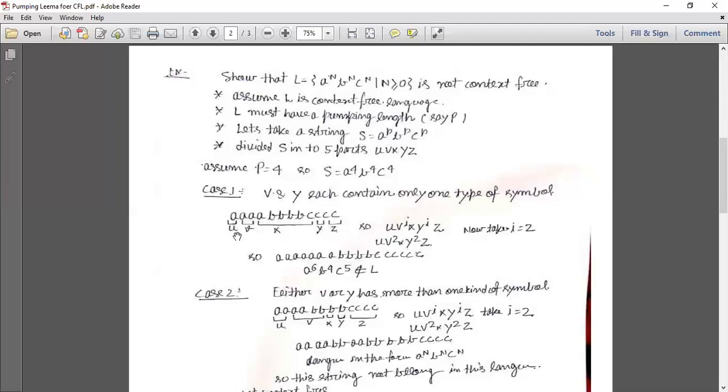Now, according to my assumption, U value is single A, V value is double A, and single A and 4 times B and single C is the value of X, and then single C is Y, and double C is Z, right? Now, the first condition is u v^i x y^i z.